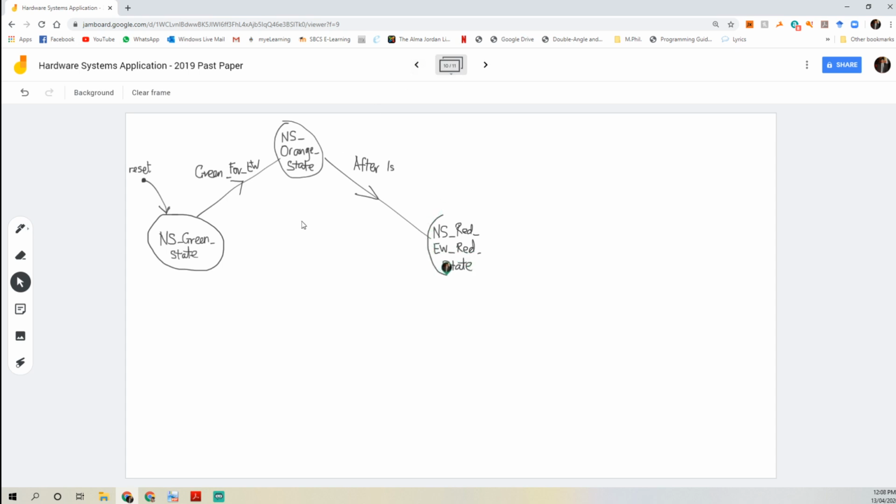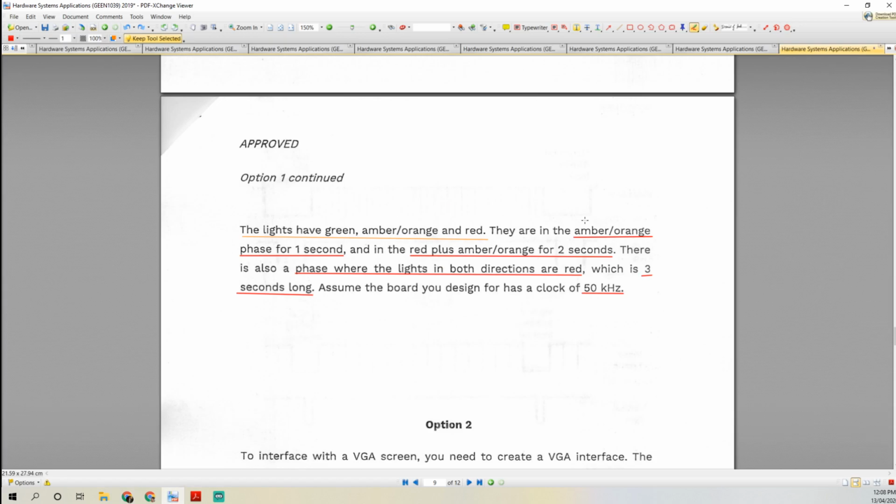Right? We are in this state for 3 seconds. So that's this line here. There is also a phase where the lights in both directions are red, which is 3 seconds long.